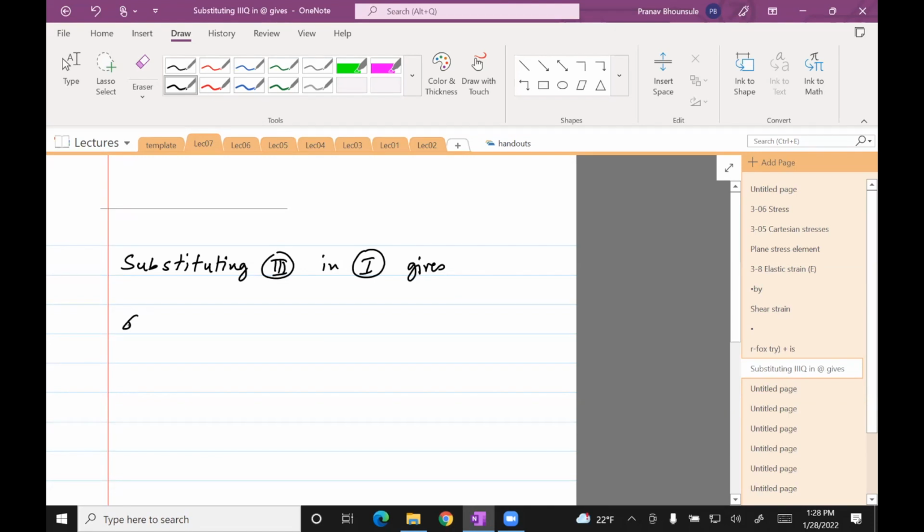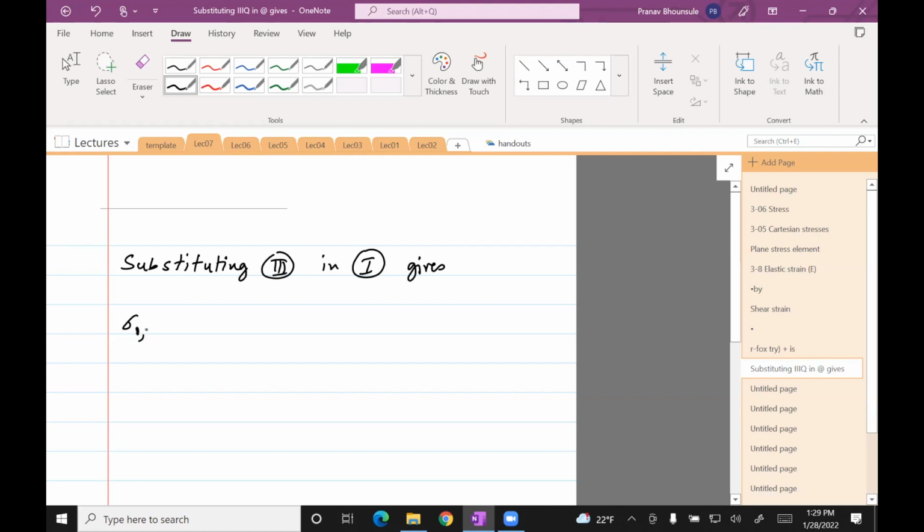When you put that in, you'll see that you get 2 values for sigma. One of them is the maximum principal stress, and one is the minimum principal stress.